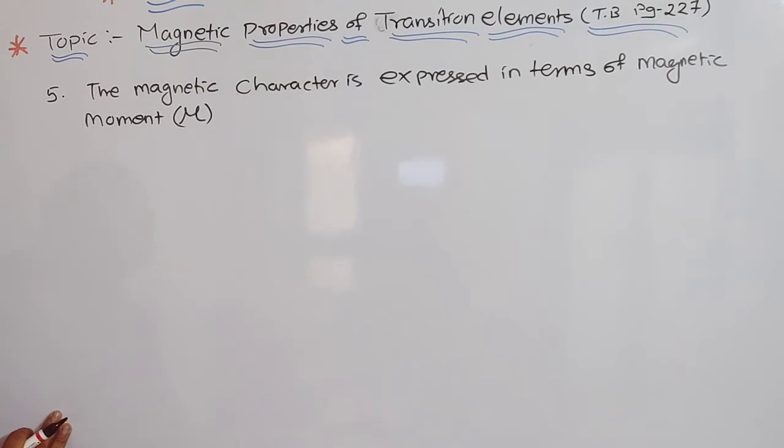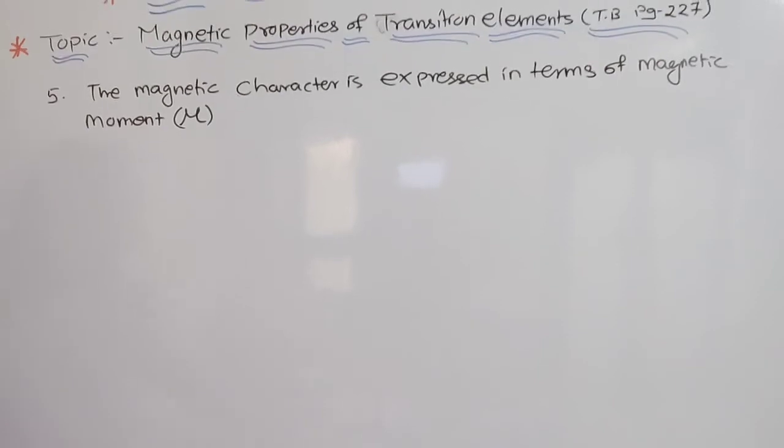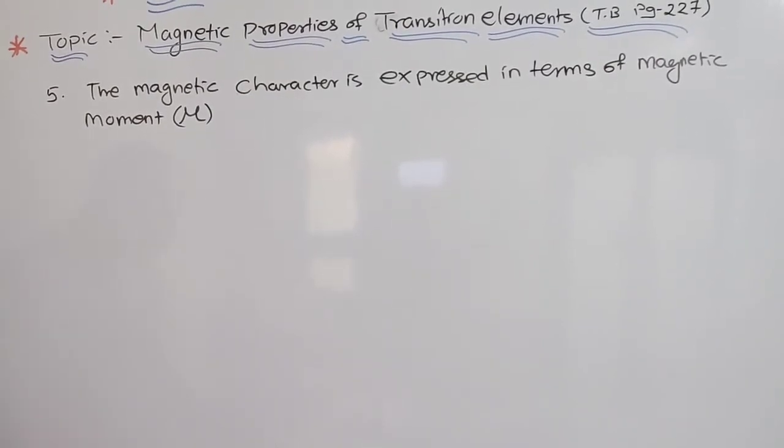And the effective total magnetic moment is given by the expression, which in your textbook is on page number 228.